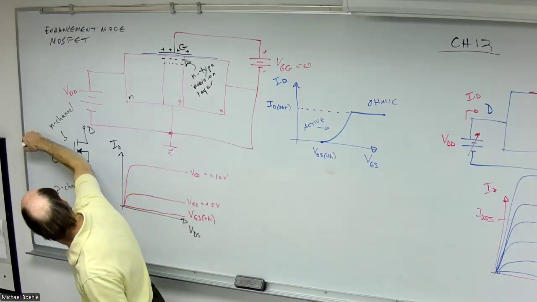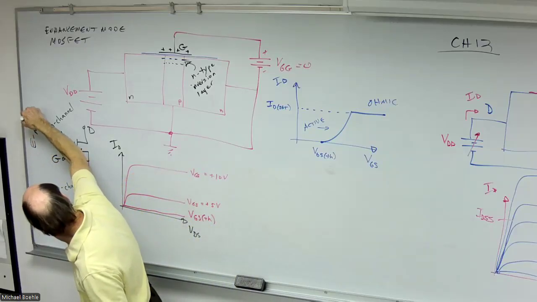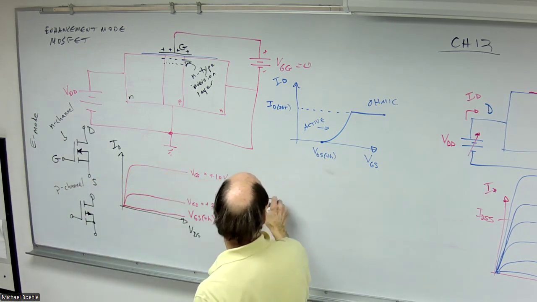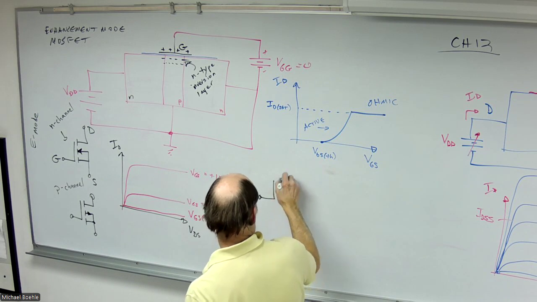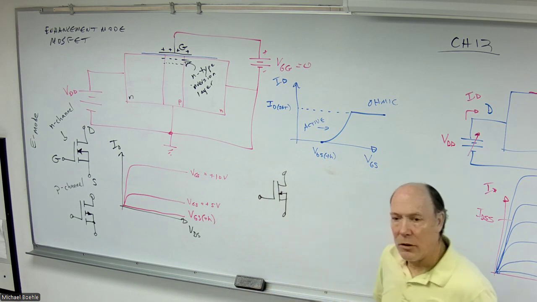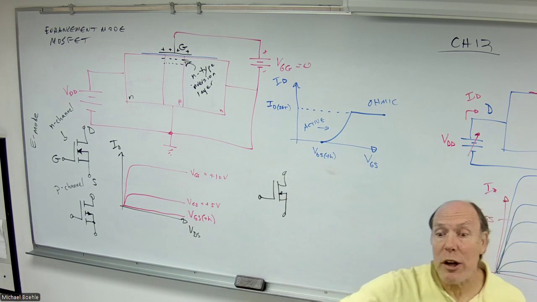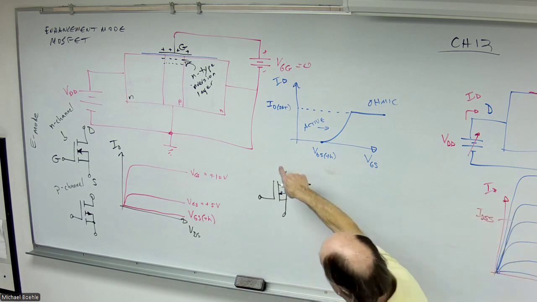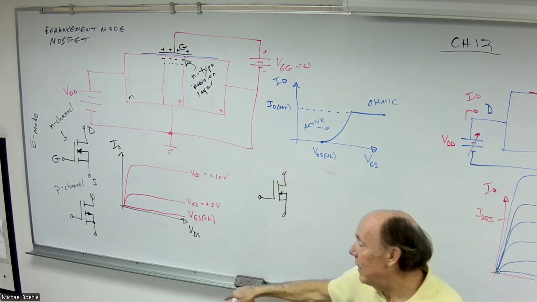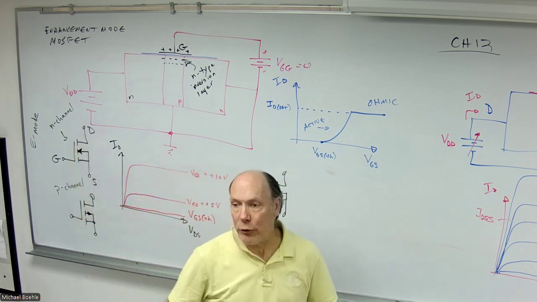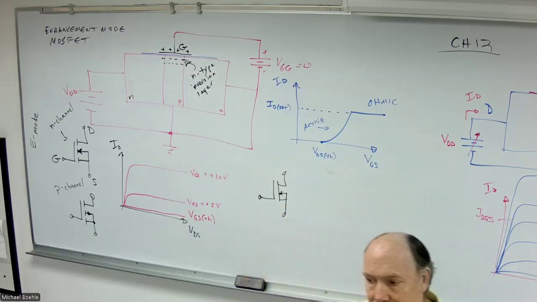This is E mode. The depletion mode, no break. This channel is already there for us. There's already a path to flow. Here, no path until I create one. That's the difference in the schematic symbol.